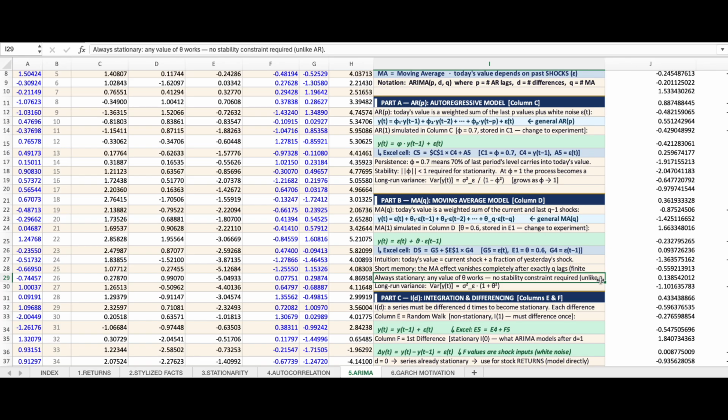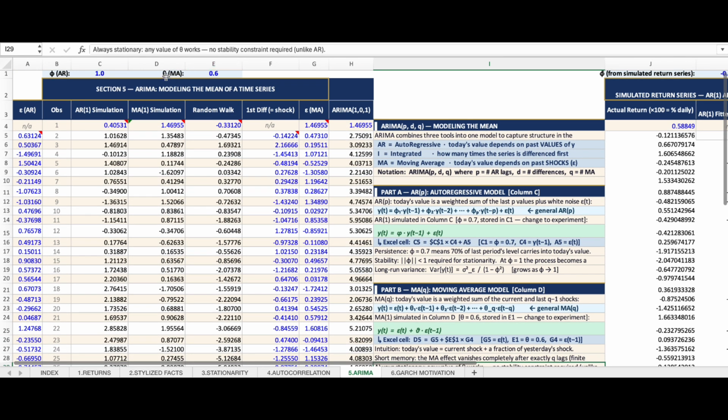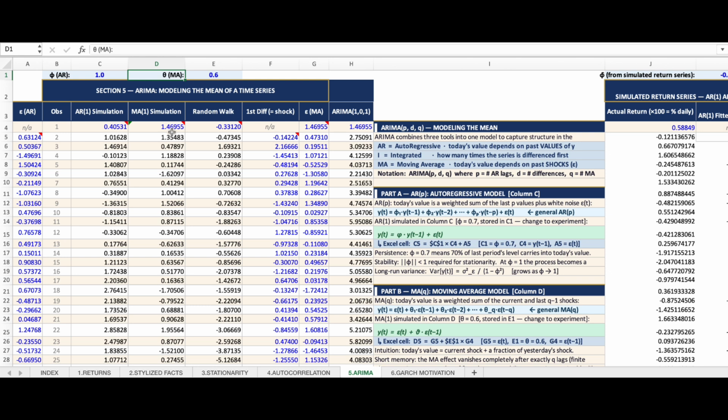The formula is in column D. D5 equals G5 plus theta times G4, where G is the column of random shocks. And if you try changing theta and watching what happens, the series responds to shock history but forgets it quickly.